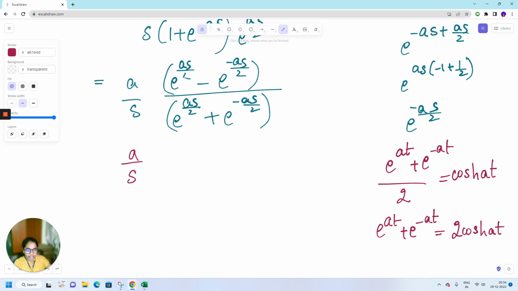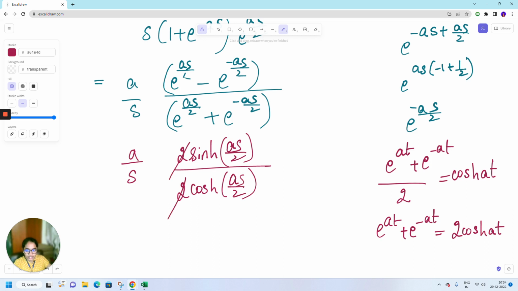In the numerator, when you have negative, it is sine hyperbolic. So I'll write it as sine hyperbolic s divided by 2, over 2 cos hyperbolic s divided by 2. 2 and 2 get cancelled. Agree? So I would have 1 divided by s tan hyperbolic s divided by 2.